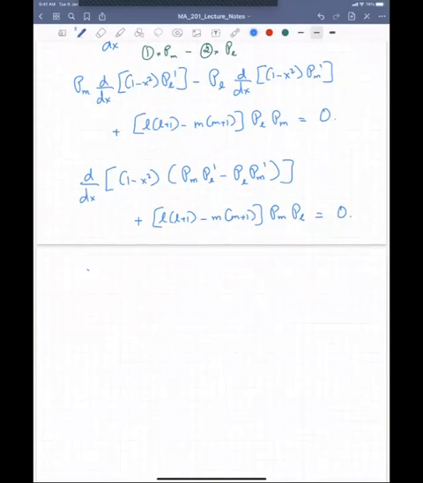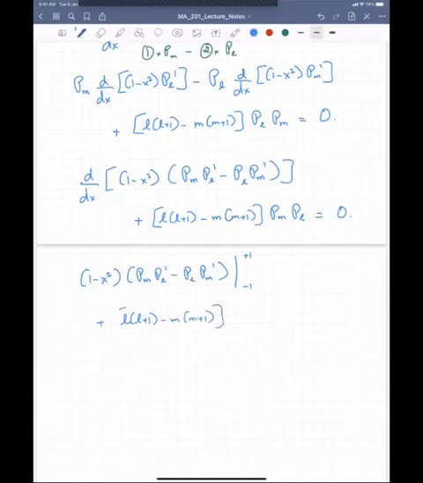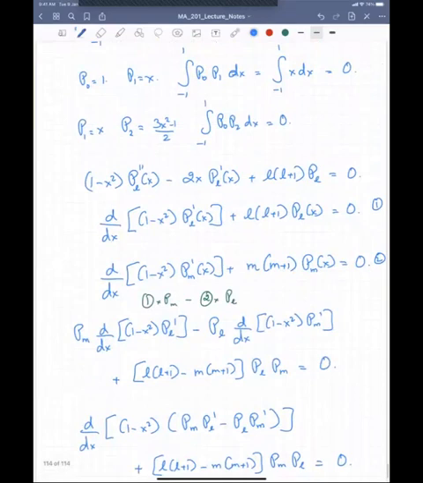The first term is obviously the integral of a differential, which is basically just the function itself: (1 minus x squared)(Pm PL prime minus PL Pm prime) between +1 and -1. The second term is L(L plus 1) minus m(m plus 1), and I'm going to assume that L is not equal to m. This is something I should have told you in the beginning itself.